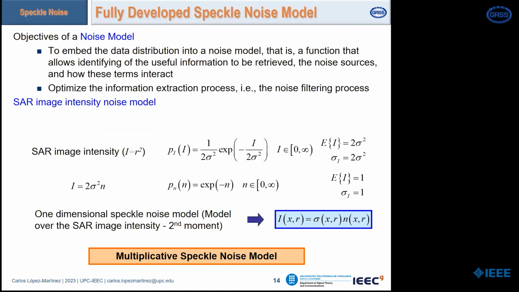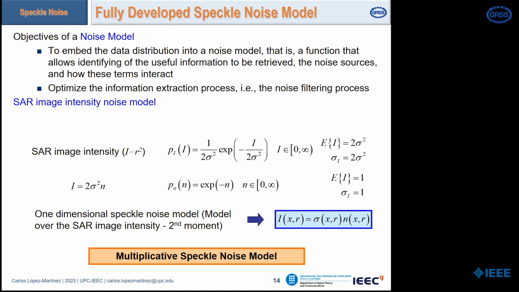So how do I represent that? Okay, with a noise model. So let's go to this. I have this intensity, where the expectation is like this and the standard deviation is like this. What happens if I normalize the intensity?